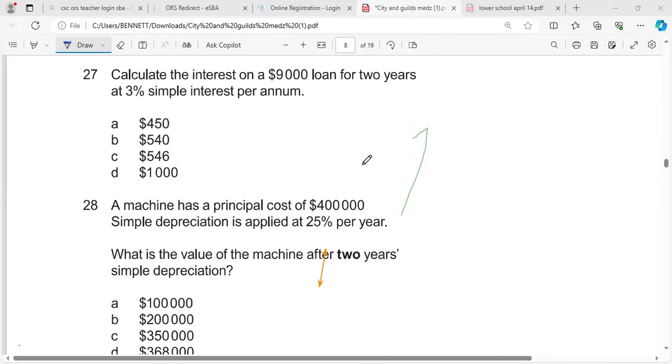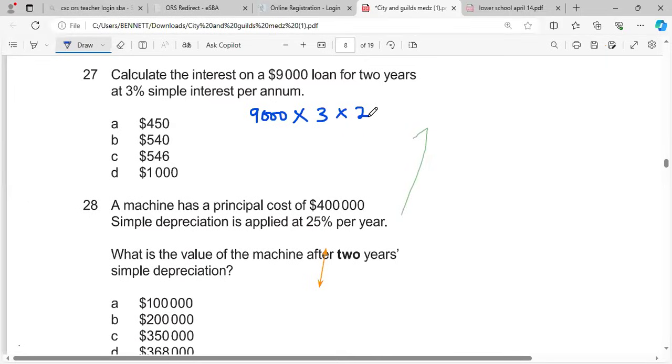Okay, sir. So number 27 says calculate the interest on a $9,000 loan for 2 years at 3% simple interest per annum. So the first thing you need to do is times 9,000, which is the money that is going to be calculated, times the percentage, which is the simple interest, 3, times 2, which is the amount of years or how long the period is.